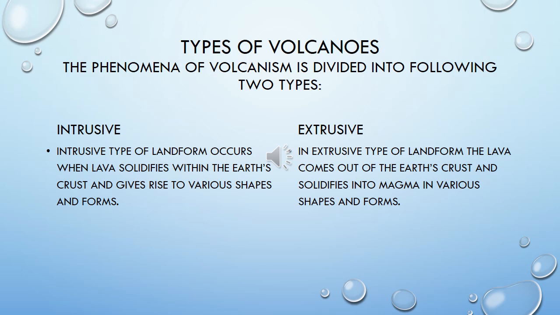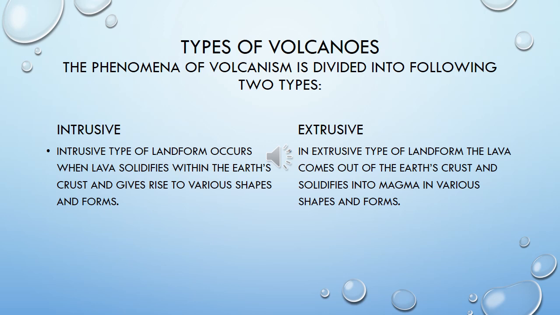Dear students, we are doing types of volcanoes. The phenomena of volcanism is divided into following two types: intrusive and extrusive. Intrusive type of landform occurs when lava solidifies within the Earth's crust and gives rise to various shapes and forms. It means that all the landforms form within the Earth's surface.